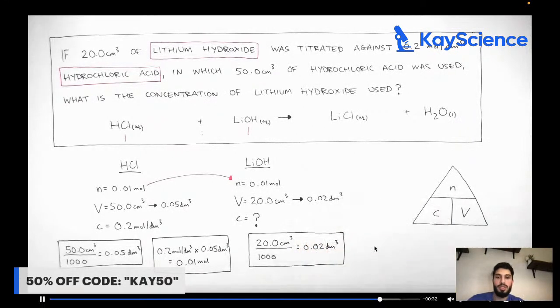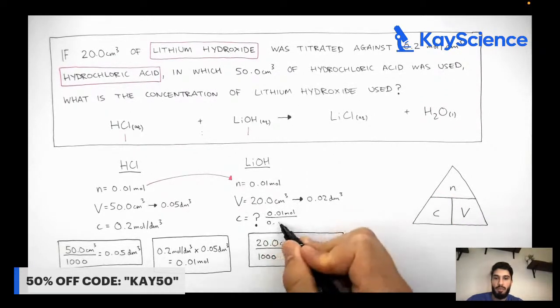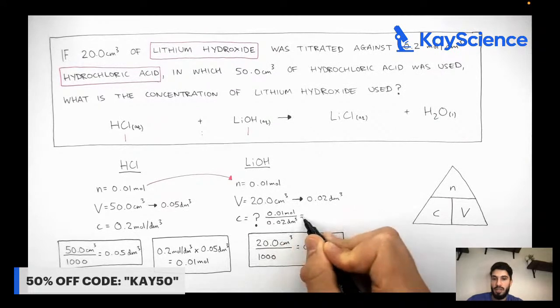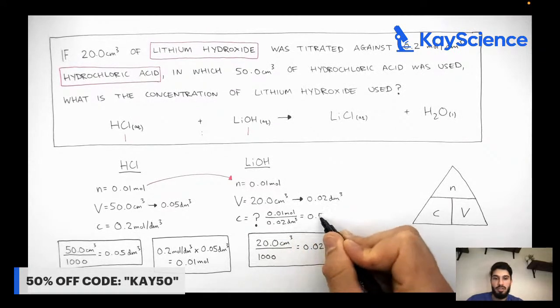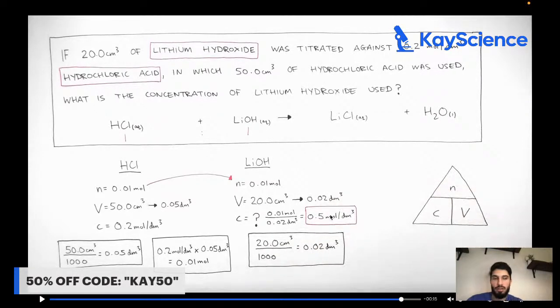At this point, to calculate concentration, it's moles divided by volume. So it's 0.01 divided by 0.02, which equals 0.5 mole per decimeter cubed. Done. That's how you do it.